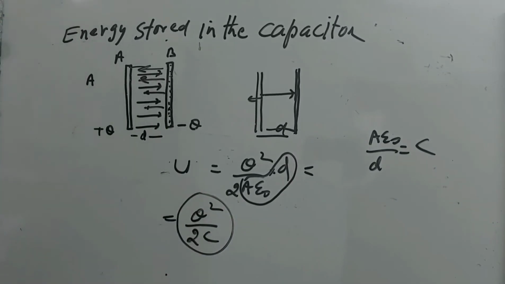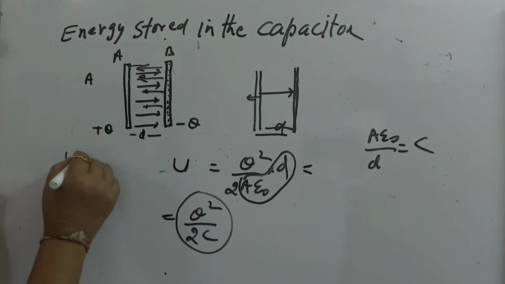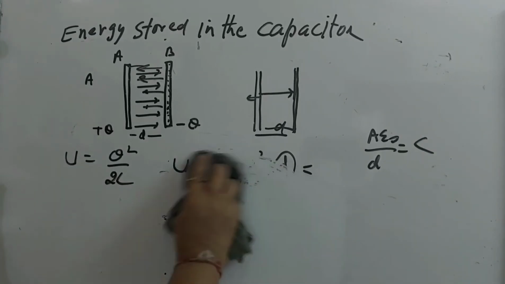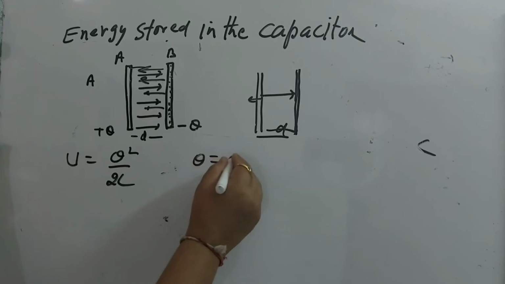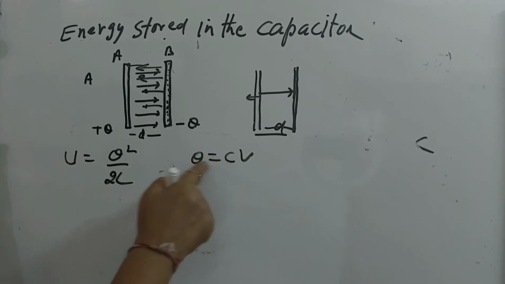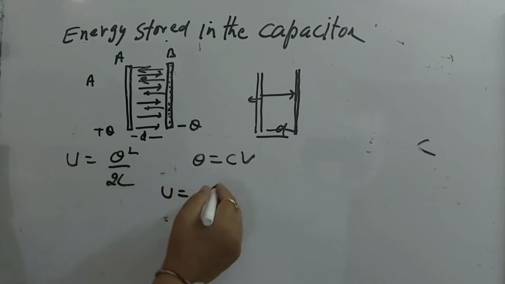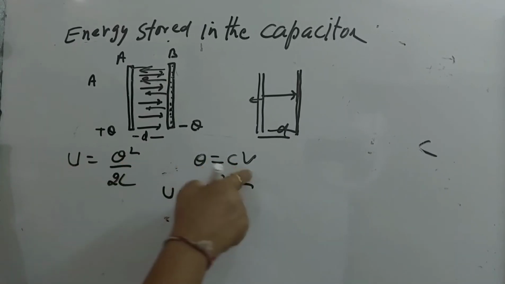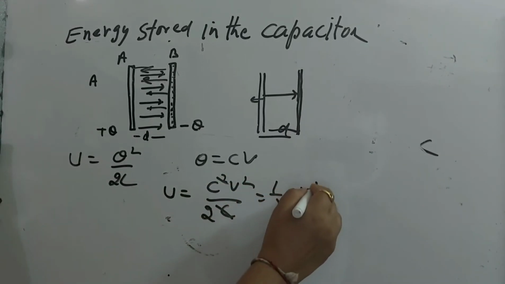So expression for the energy stored in the capacitor is equal to Q square by 2C, and we know that this Q is also equal to CV. If we put the value of Q in this expression, this U will be equal to C square V square by 2C, and this is half CV square.